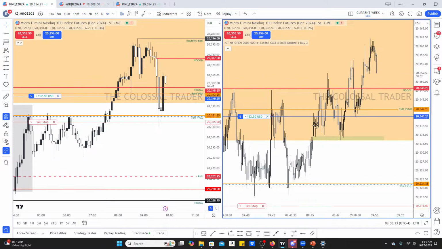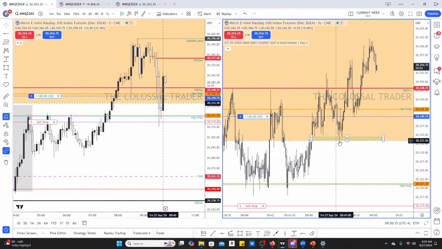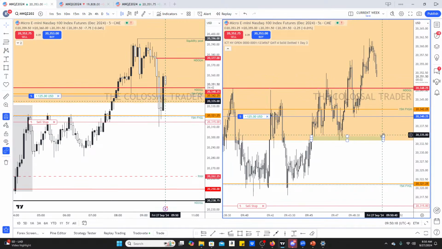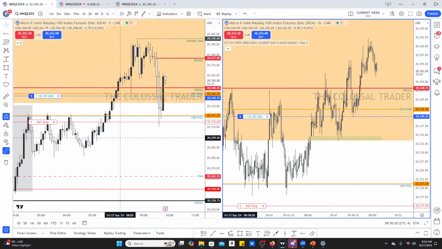I ideally do not want to see us get outside of this fair value gap anymore, the weekly level. Let's go on a lower time frame, see if there are any other entries we can take.